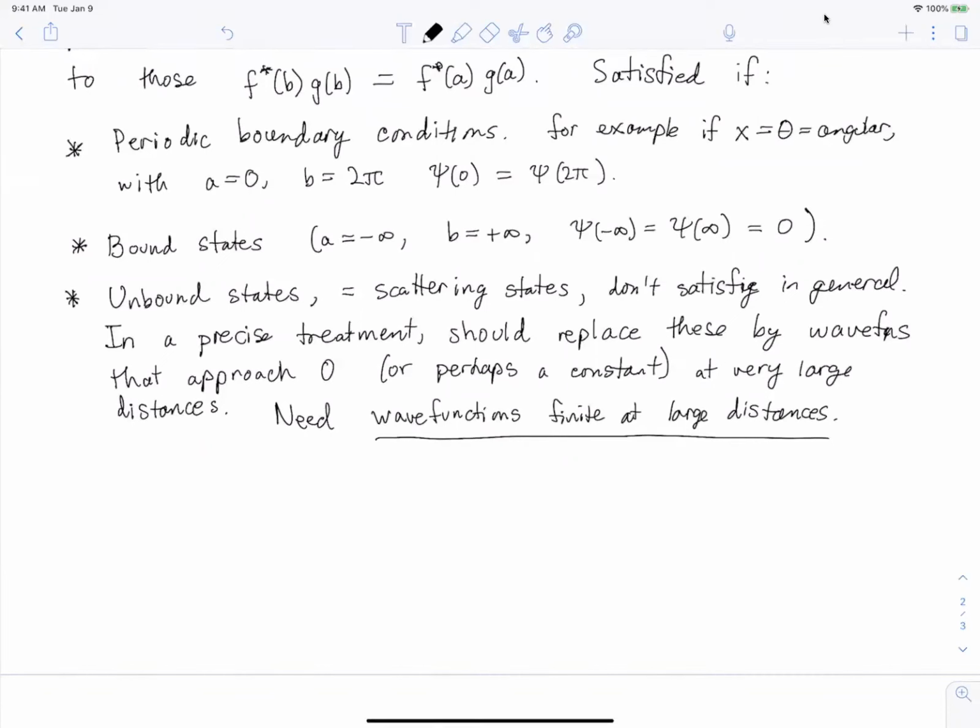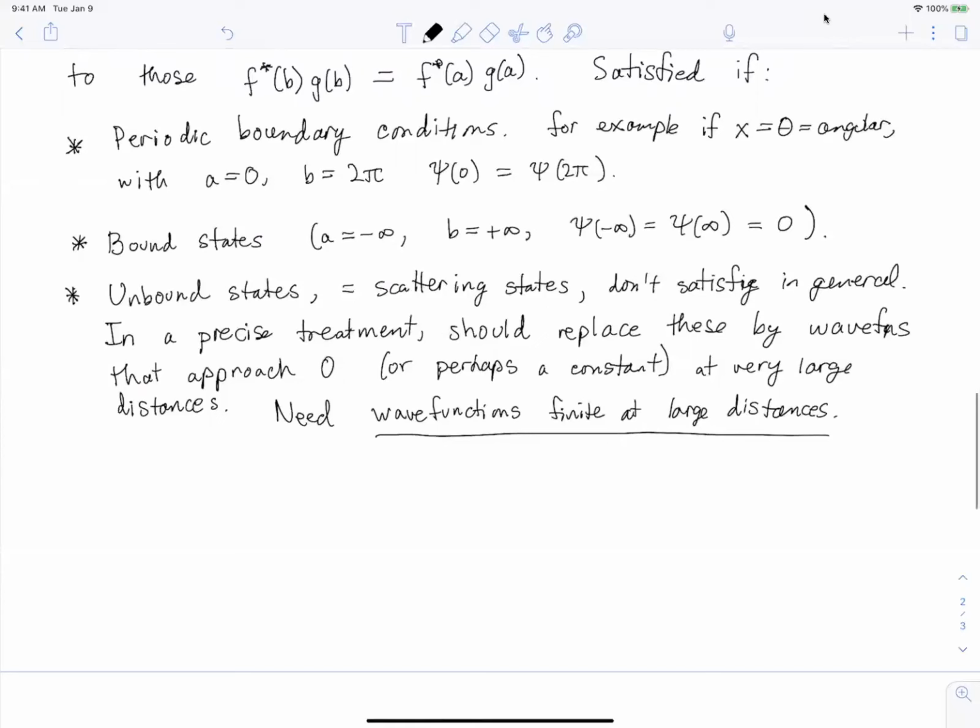Because otherwise, if I assume that my wave function is going to exponentially grow as we get out to Neptune's orbit, then bad things can happen and will happen in general. And one of the bad things is the momentum operator won't be Hermitian for that class of wave functions. Right. Okay. Thank you. Sure.